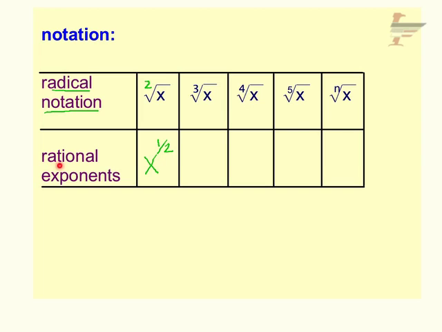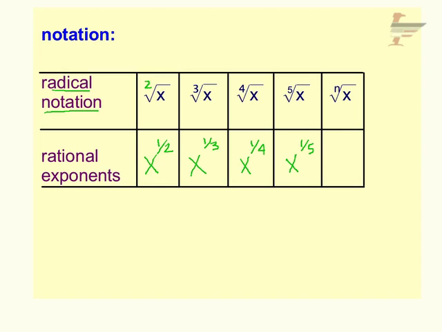So rational exponent, rational is a fraction, so your exponents now are going to be fractions. The next example, the cube root of x in rational exponent notation is x raised to the 1/3 power. The fourth root of x is x to the 1/4 power. So do you guys see what's going on here?